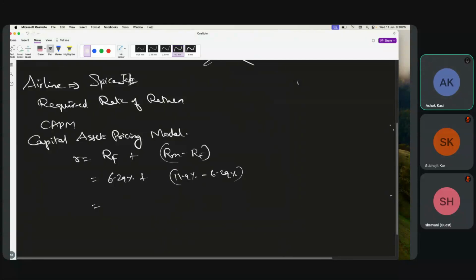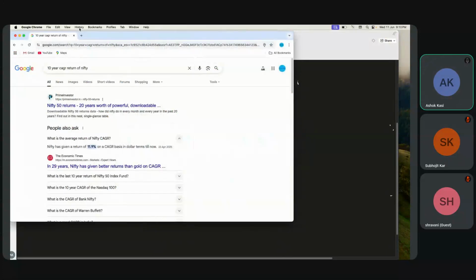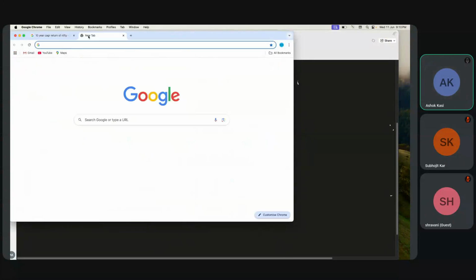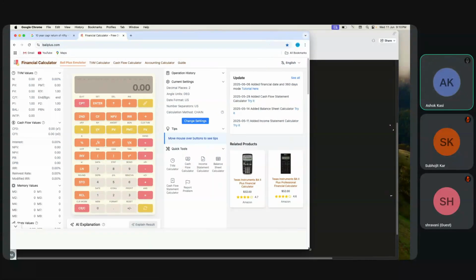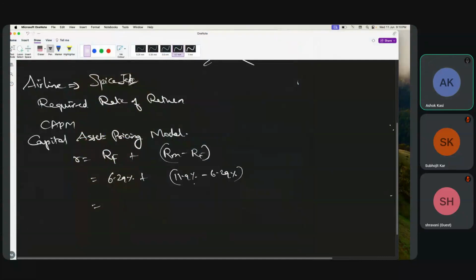Now here, how do I subtract this? When you want to add or subtract percentages, don't do it the way I'm going to do now.